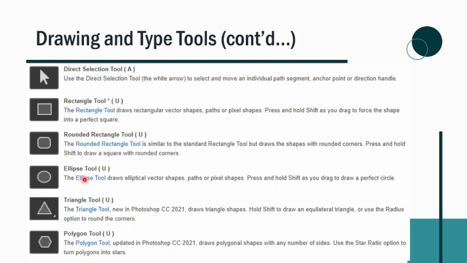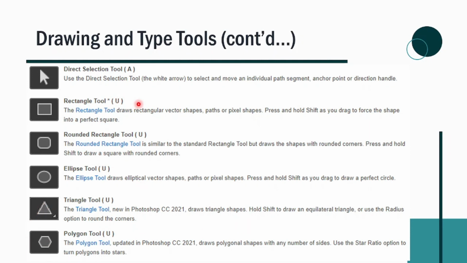Let's proceed to the ellipse tool. It draws elliptical vector shapes, paths, or pixel shapes. If you want to create a perfect circle, again you must press and hold Shift, then drag. Triangle tool, polygonal tool.